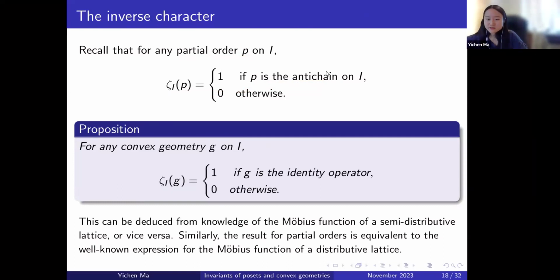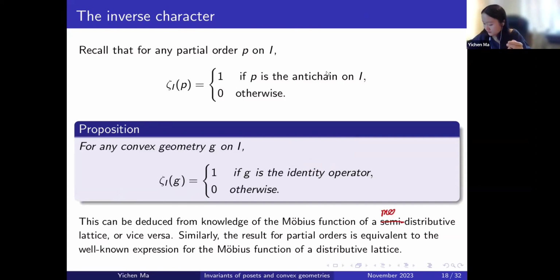This zeta sends G to 1 if G is the identity operator and 0 otherwise. The identity operator means G sends every set to itself, so you can also regard G as discrete. You can either compute the result from the notion of characters, or you can simply get the result from the knowledge of the Möbius function of a meet-distributive lattice, or vice versa.